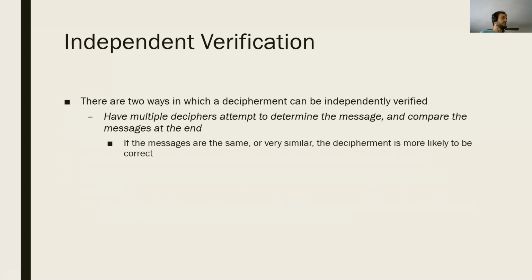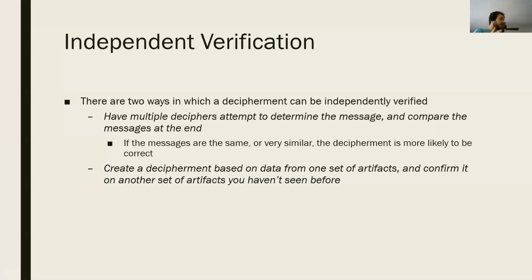When each of these four archaeologists did their decipherment independently from each other, they produced results which were very similar to each other. It's not likely that they would have produced similar results by chance. That suggests that what they found was, in fact, the true decipherment. So this is one way that independent verification can be accomplished.